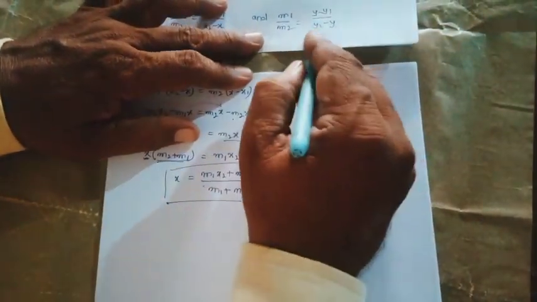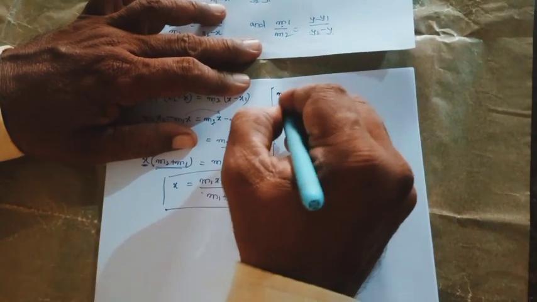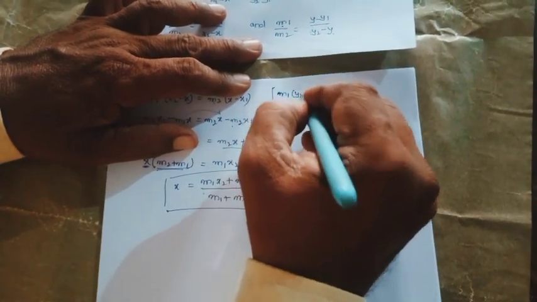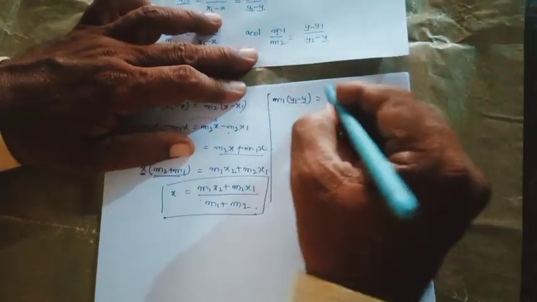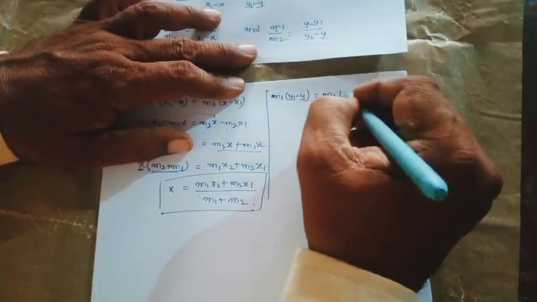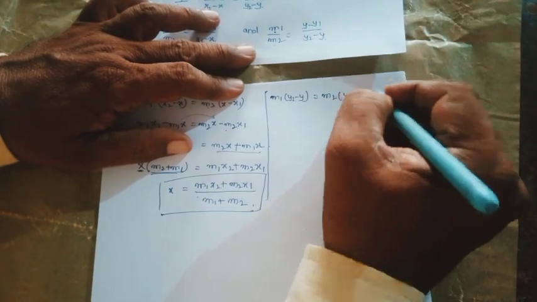Here, cross multiply. M1 into Y2 minus Y is equal to M2 into Y minus Y1.